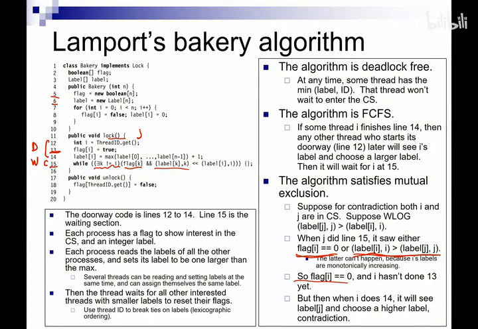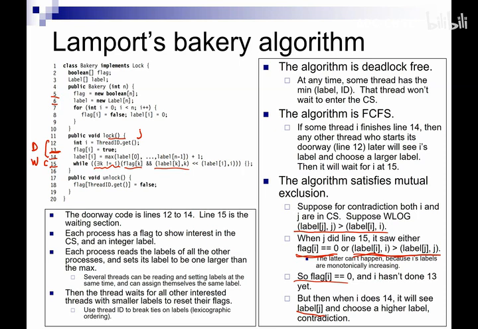So I is going to do line 13 afterwards, and then line 14 afterwards. When I does line 14, it reads everybody's labels, so it's going to read J's label and then set its own label to be larger than J's. This contradicts the assumption that J has a larger label.